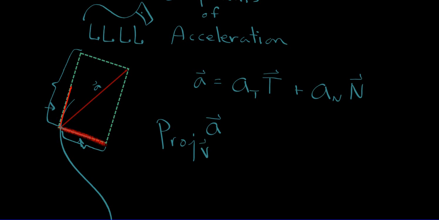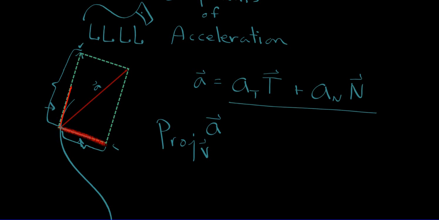In other words, I'm just going to project that vector over here, because I want to find out what part of acceleration is going in the direction of the curve. And then I want to find out which part of acceleration is going normal to the curve. In other words, I want to find the things that make up acceleration. You add them together and you get acceleration. So I want to find this part here and this part here. I want to find this vector right here.